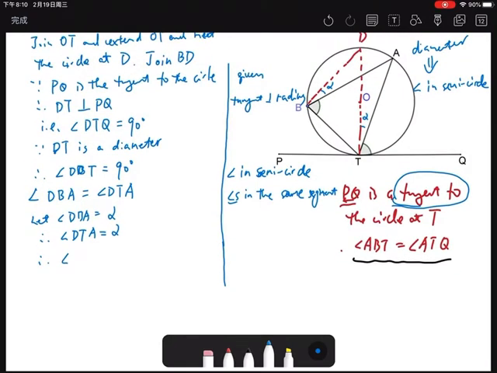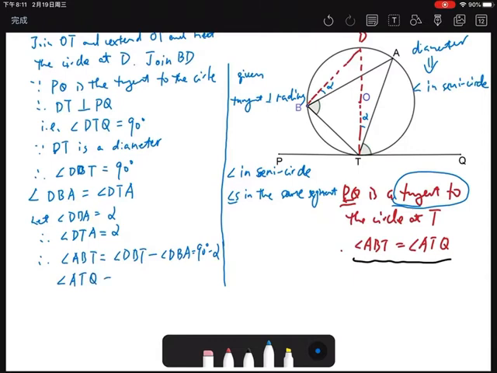And then we can get that angle ABT equals angle DBT minus angle DBA, which equals 90 degrees minus alpha.